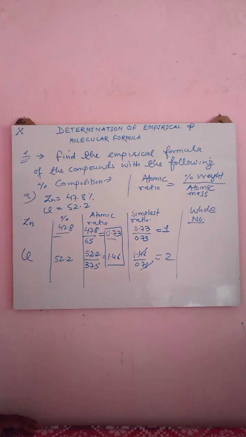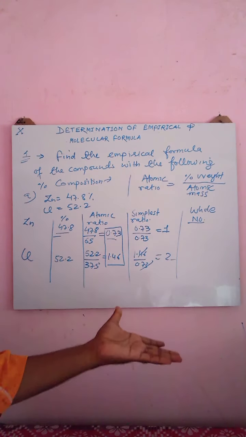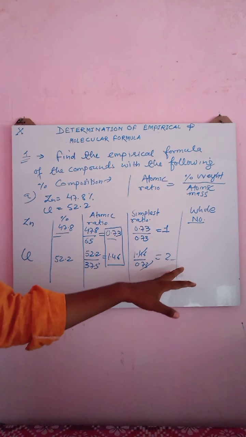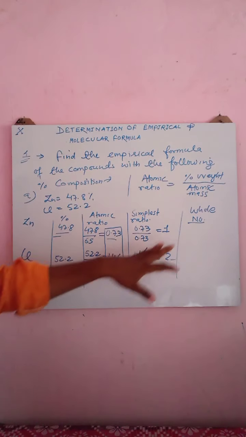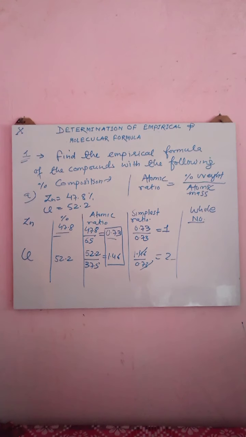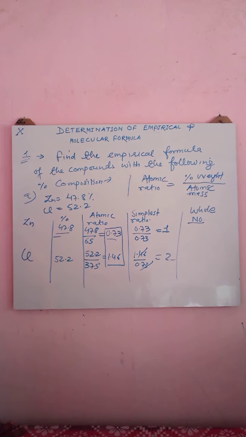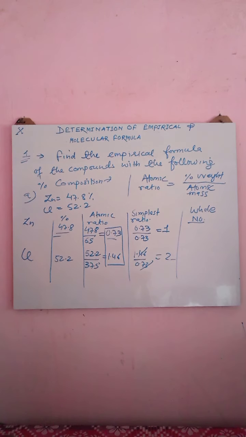If it had been a fraction like 0.5, you would multiply with a suitable number, so 0.5 multiplied by 2 is converted into the whole number 1. Likewise you have to do. Here the simplest ratio is already in whole numbers.